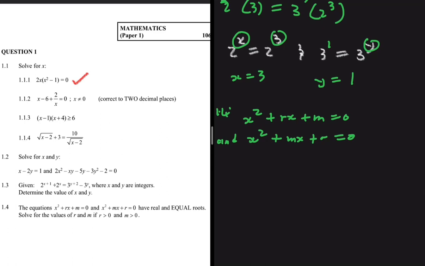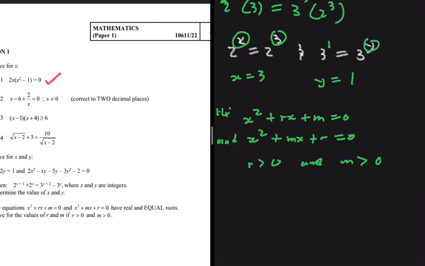Solve for the values of r and m if r is greater than 0 and m is greater than 0. So let's look at this. We have real and equal roots, the case when b squared minus 4ac is equal to 0. So let's use this first equation and find b squared minus 4ac is equal to 0.